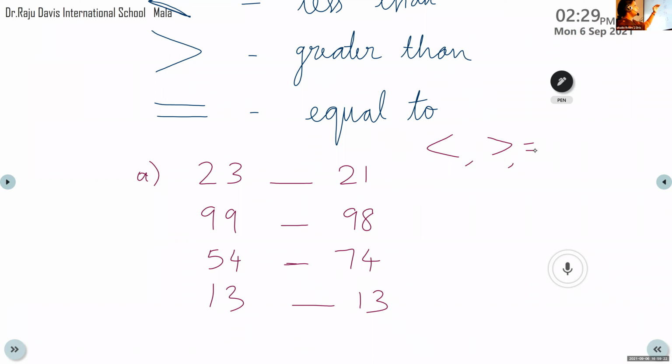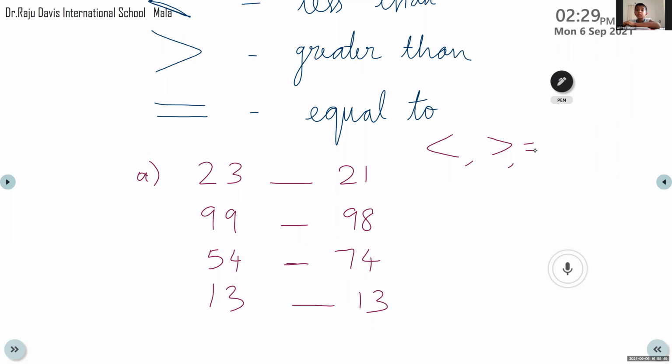23, 21. Are you remembering the mouth of the crocodile? It's always open to which side? Where there is more in number. That side, the mouth of the crocodile will be open. So, 23, 21. Which is the bigger number, Wilfred? 23.